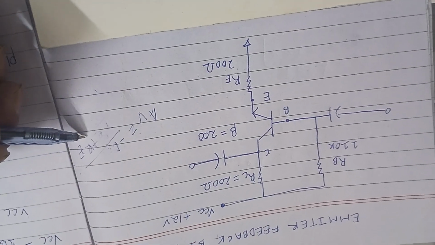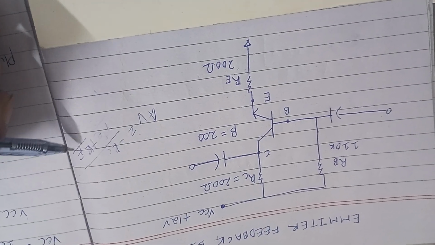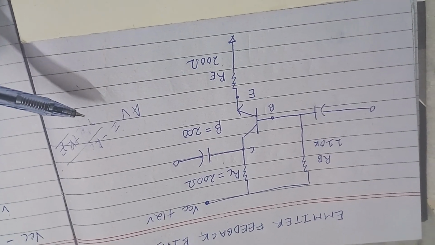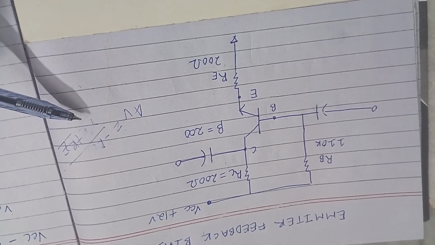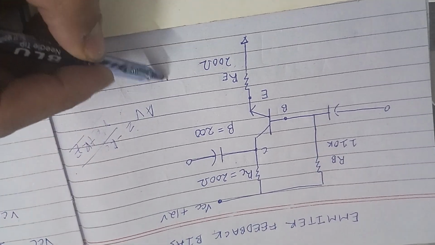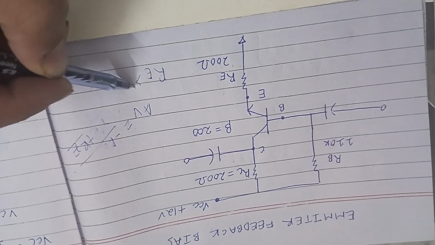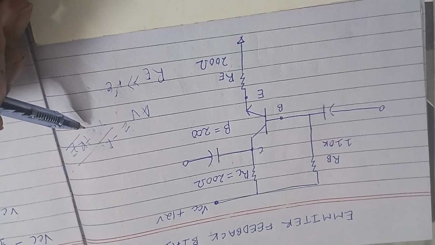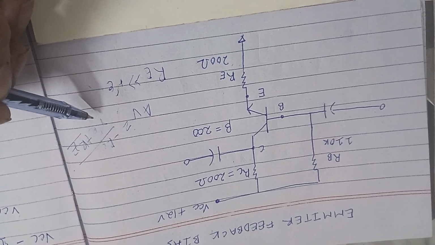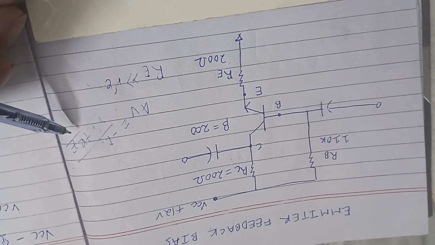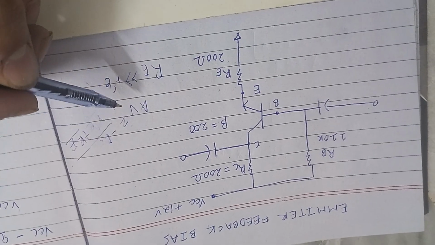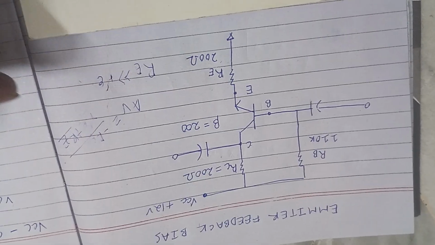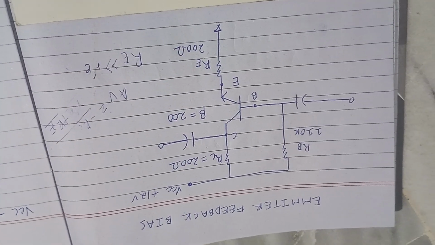So if we have a large RE value, the change in temperature has much less effect, because RE is much greater than r'e. So the denominator will not be affected by small changes because it has a larger value, and the gain will be much more stable. So this is about emitter feedback bias circuits.